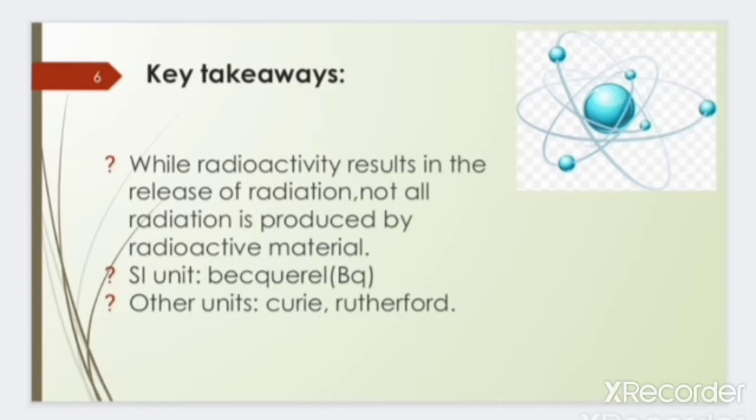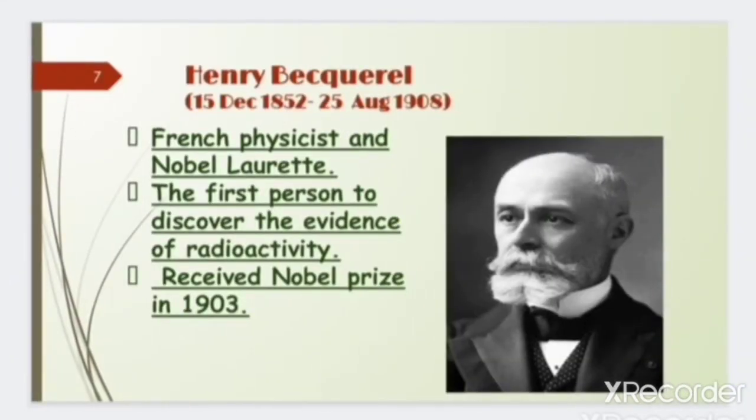Let us know some more about Henri Becquerel. Antoine Henri Becquerel was born on 15th December 1852 in France. He was a French engineer, physicist, Nobel laureate and the first person to discover the evidence of radioactivity, and this was done in the year 1896.